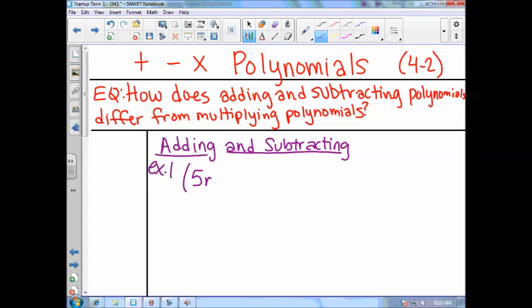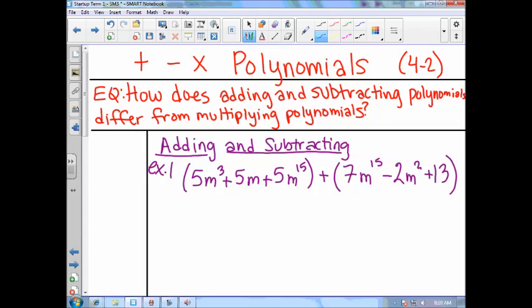How about m cubed? It has to be the same variable. Okay. Lots of 5s in there. That's our trinomial. Plus, how about 7m to the 15th minus 2m squared plus 13.